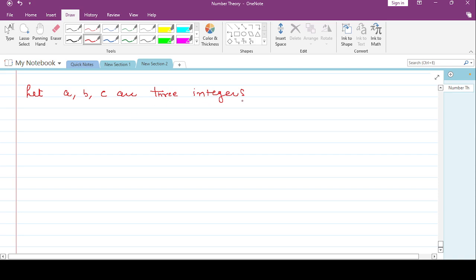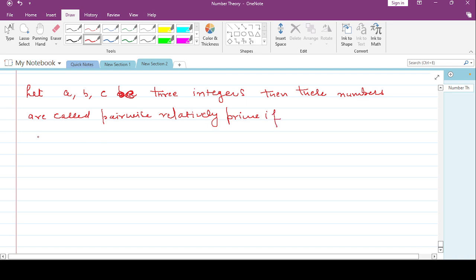Then these numbers are called pairwise relatively prime if GCD of A comma B is 1, GCD of B comma C is 1, and GCD of C comma A is equal to 1.